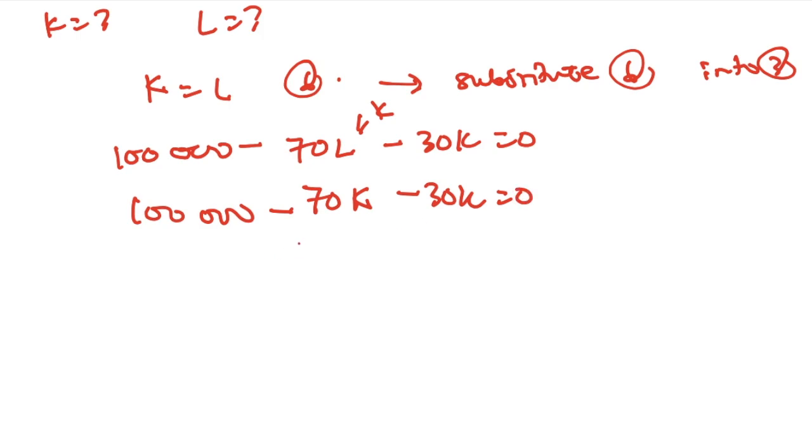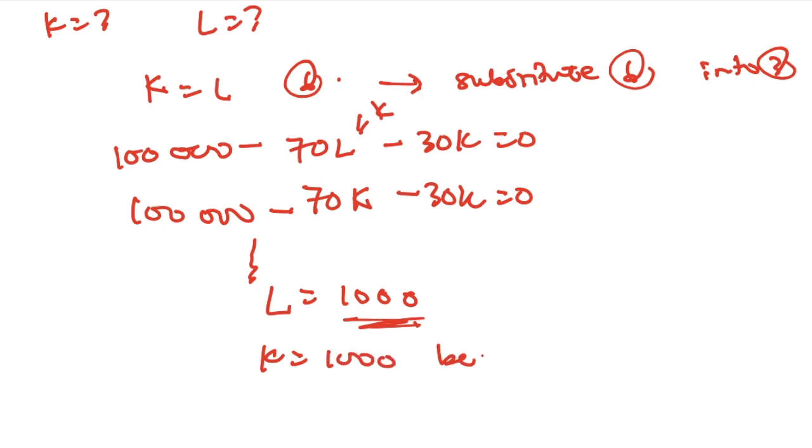Then you solve it mathematically, show the steps. Finally, you're going to get L equivalent to 1000. So what about K? K is equivalent to 1000 because of 6. 6 is L equivalent to K, isn't it?